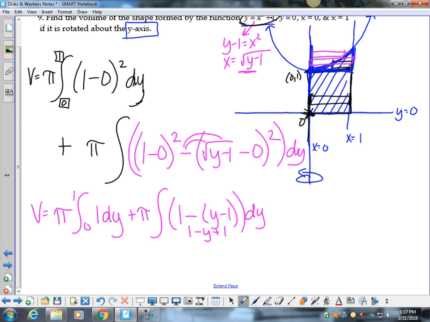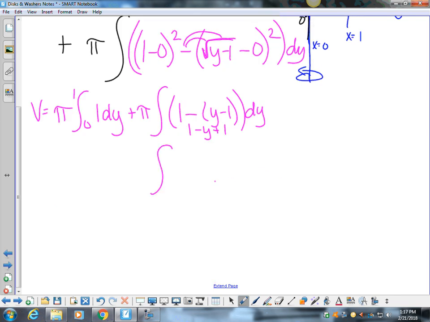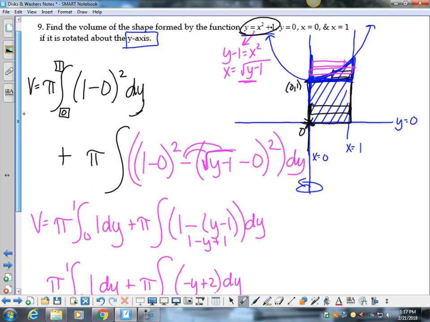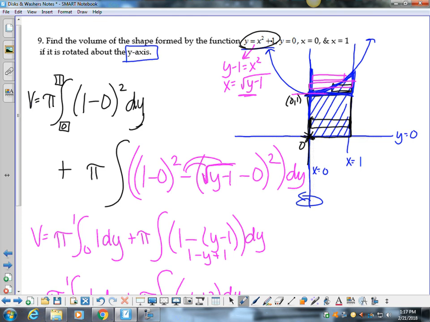That negative has got to distribute through after you square that square root. And I need my integral numbers for my second integral. So I need to know from here to here.